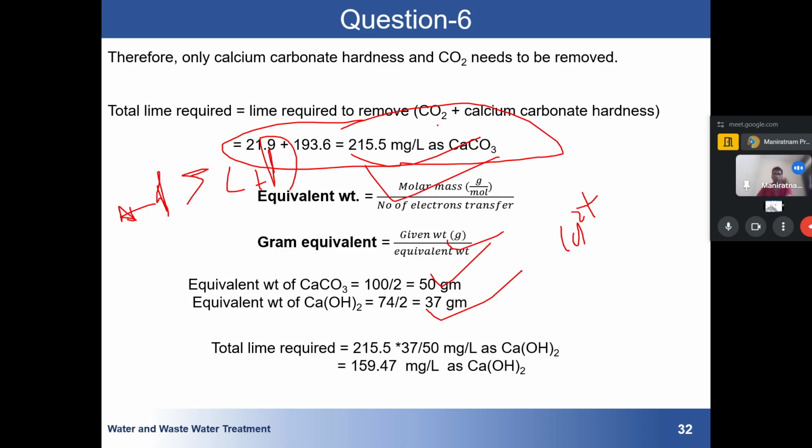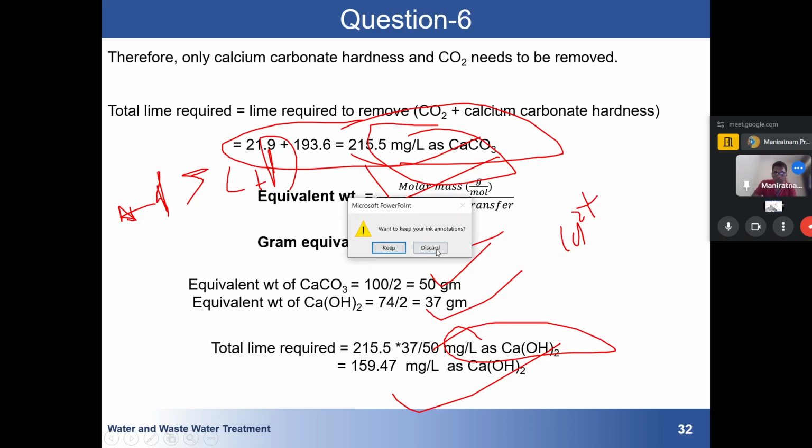So this unit will change from milligram per liter as CaCO3 to milligram per liter as Ca(OH)2. I hope this is clear, and from this equation you can calculate the total lime required.